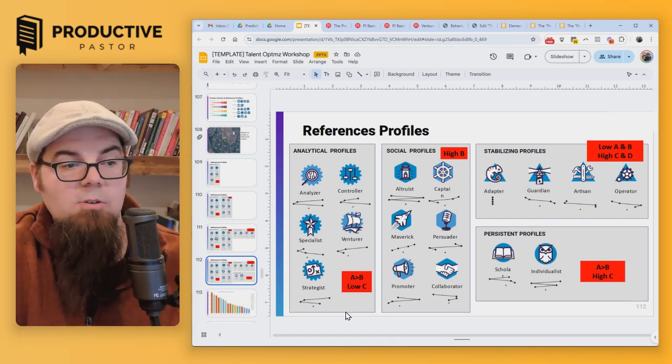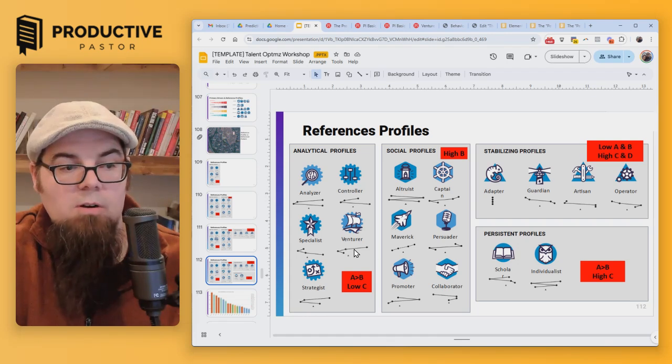All of these analytical profiles have an A drive that's stronger than B and a low C drive. I'm a Venturer, right? So A is stronger, it's to the right, than B, and C is low. Same with these. All of these are like that.